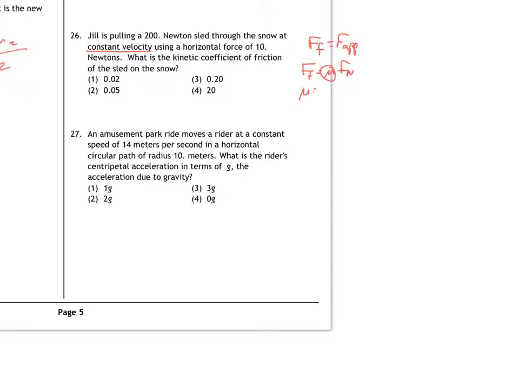So mu is Ff over Fn. The frictional force is equal to the applied force since we're moving at constant speed. The applied force was 10 newtons, so that's also the frictional force. The weight of the sled is 200 newtons, which means that's equal to the normal force. And 10 over 200 is 0.05.